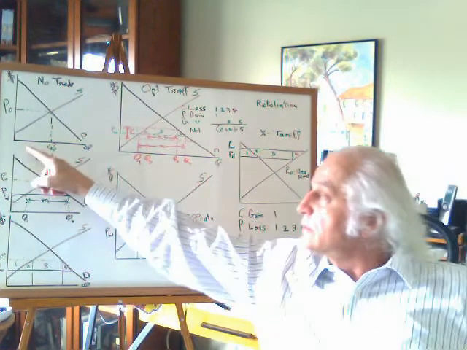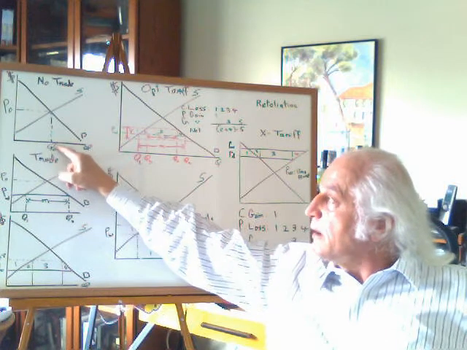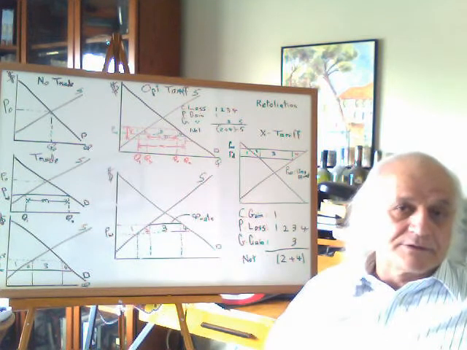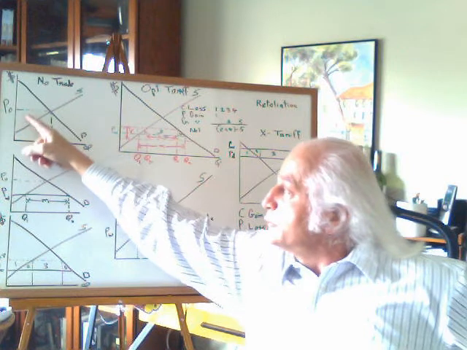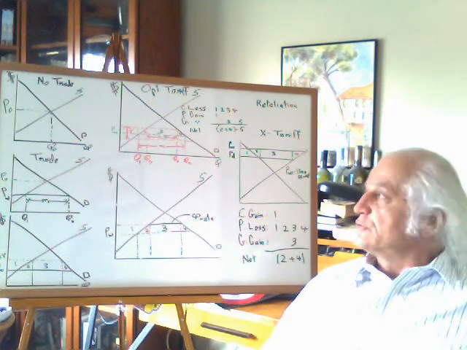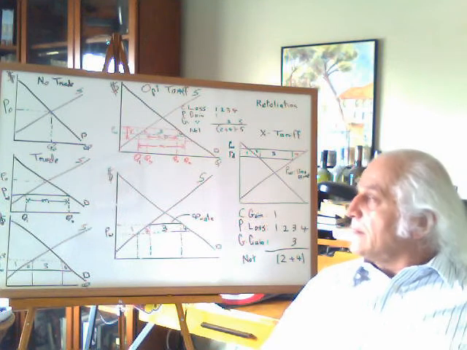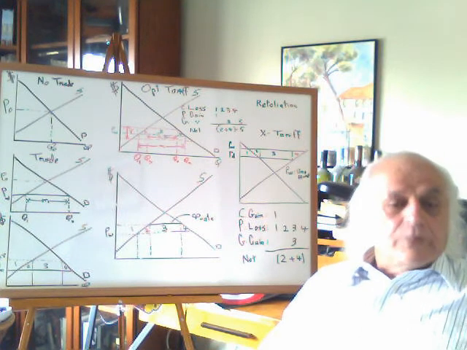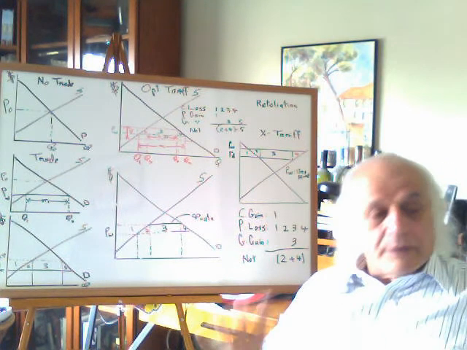Then this country is going to have this quantity supplied at that particular price. This will be the producer surplus, and this is the consumer surplus.